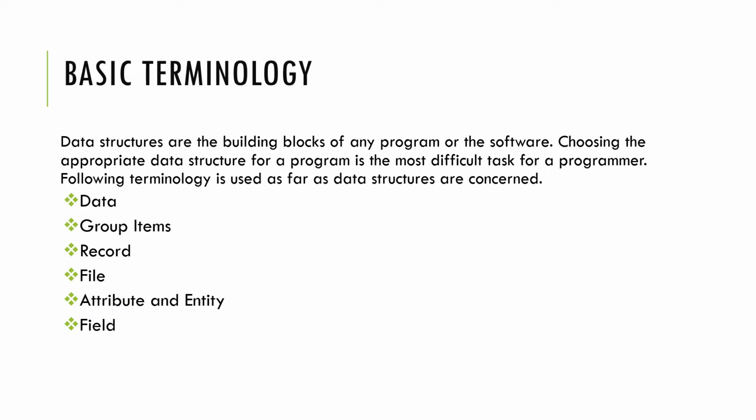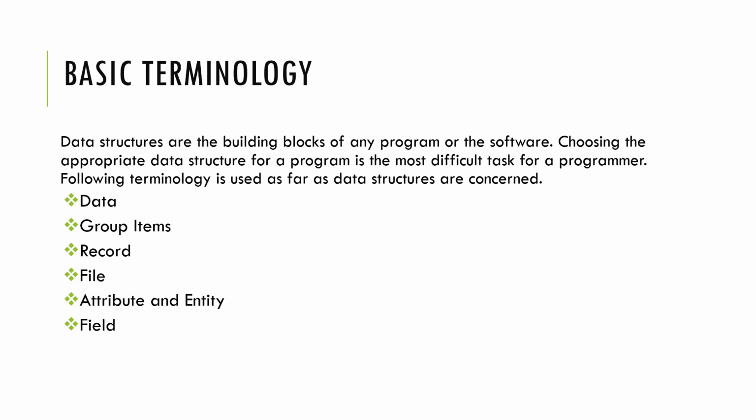A file is a collection of various records of one type of entity. For example, if there are 60 employees in a class, then there will be 60 records, and each record contains data about the employee.